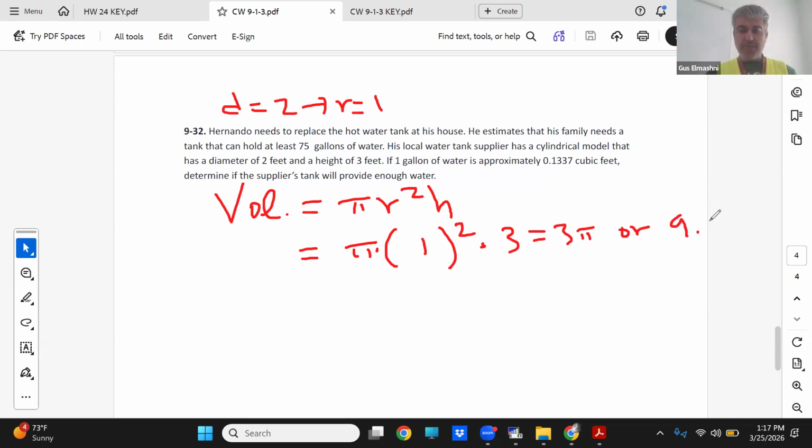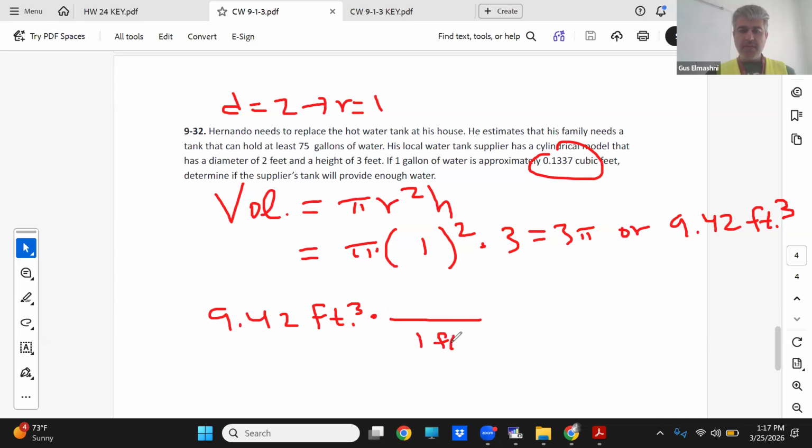You want to convert it to a decimal because it'll make it easier to compare. So what am I doing here on the bottom?